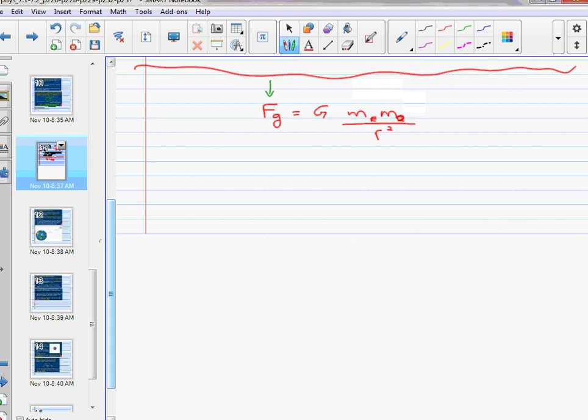The weight, which is called weight. Yeah, it's the mass times the acceleration due to gravity, 9.81. So I could take the mass of my object, multiply it times the acceleration due to gravity, and that is supposed to equal this thing.